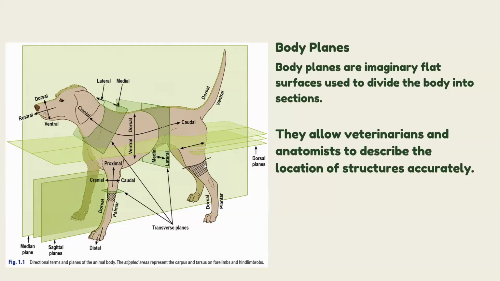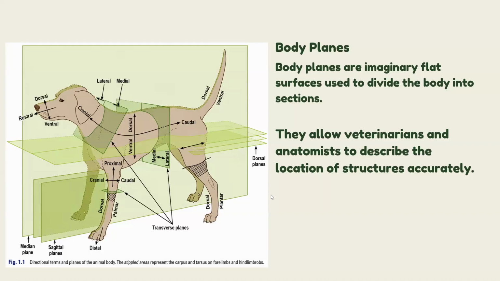You understand? So you see how important this is, because you may make a mistake and say the mass that you found is caudally located, and whenever you are talking about caudal, you are saying towards the tail region. And that mass is not caudally located. Now you end up making the veterinary surgeon open up the animal at the wrong place.